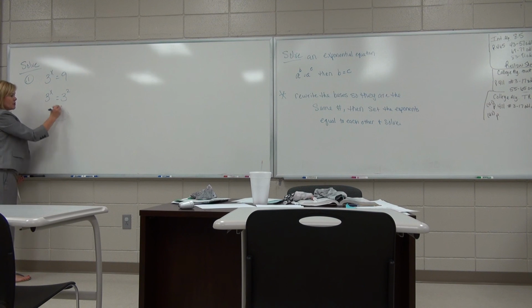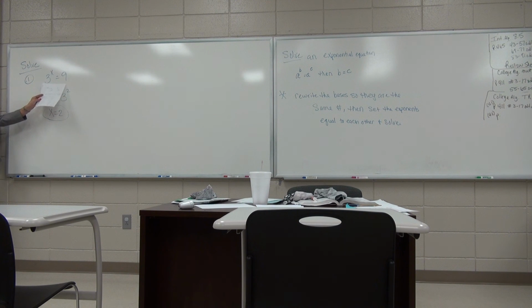So for this problem, x has to equal 2. And then you can check it. What's 3 squared? 9. Like I say, that one you can tell by looking. But the key is you're going to rewrite it to where your bases are the same number. Okay?